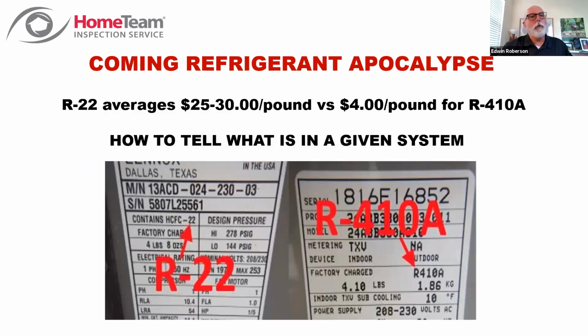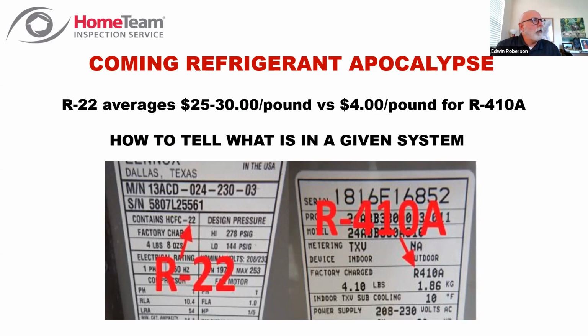What's happened is R22 has gone up exponentially as it gets more rare. And in fact, when they saw this coming, HVAC companies started capturing that refrigerant rather than letting it escape into the air as they repaired or replaced systems. So there's a whole market, and what you would find today is recycled R22, where they captured it.